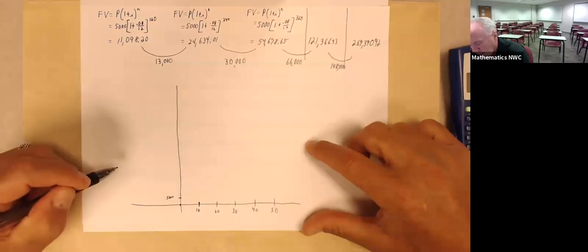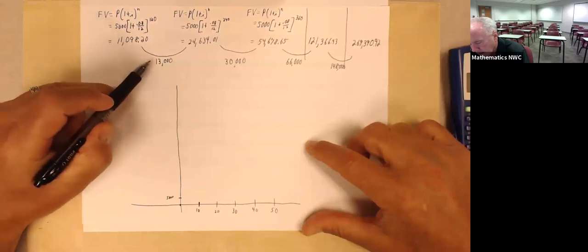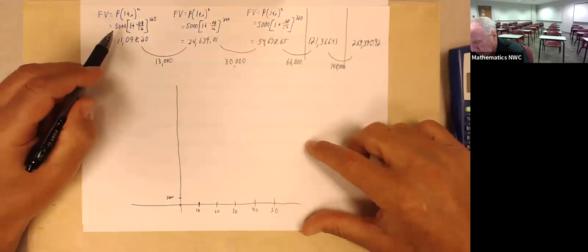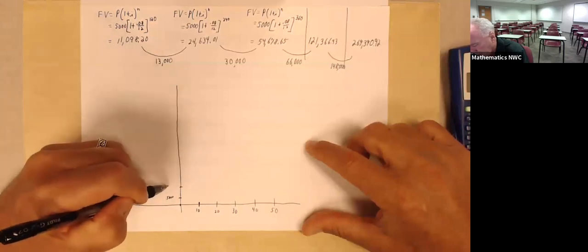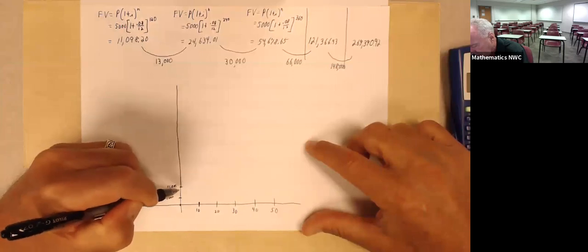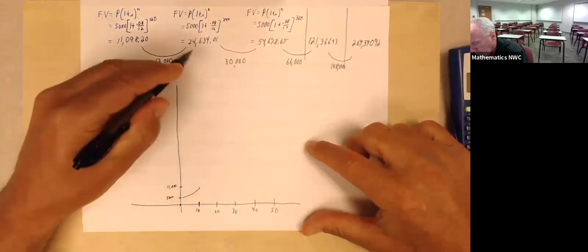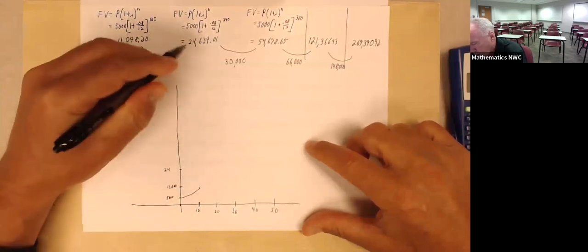right at the beginning. After 10 years, it was up to 11,000. That would be about here. My graph did that. After 20 years, it was about at 24,000.